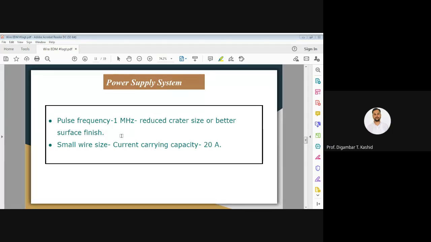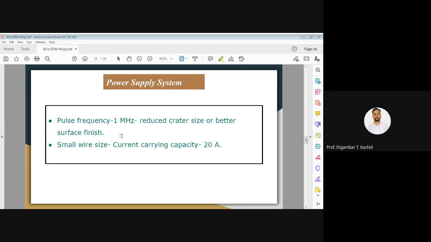So I was talking about the first element, that is the power supply system. Actually here we are using the pulse power supply system, you can call it a DC pulse power system. The main difference between normal EDM or die-sinking EDM and this wire EDM process is that here we are using a very small diameter wire as an electrode.